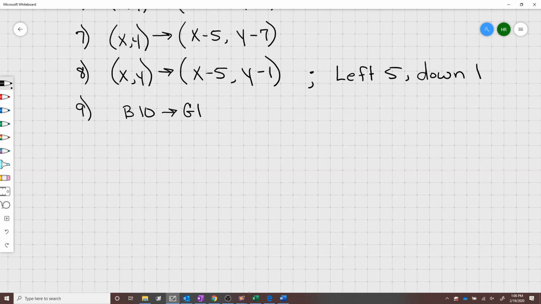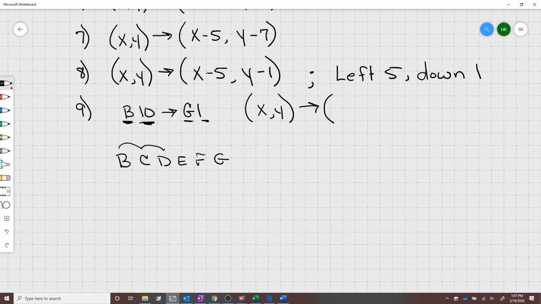So your rule is this, that for every x, y, the letter being your x's, the number being your y's. So she's at B, but she needs to get to G. So B, C, D, E, F, G. So she's got to go to the right 1, 2, 3, 4, 5 places, doesn't she?